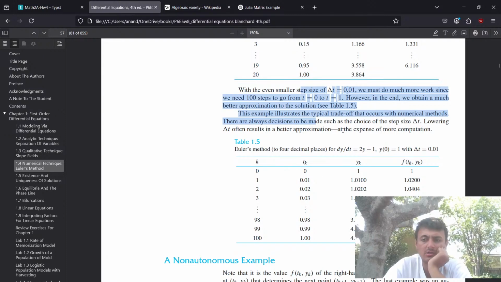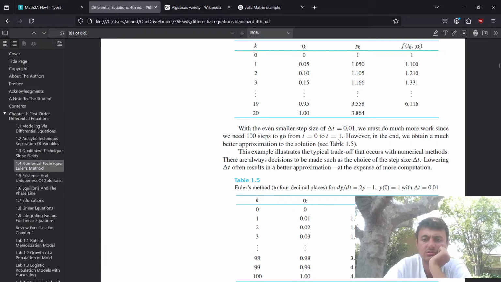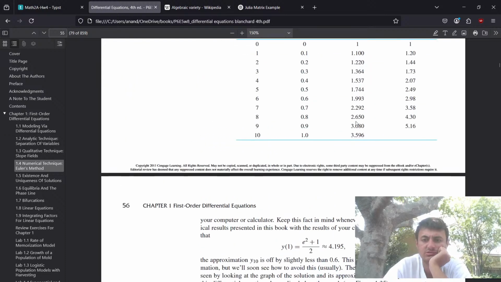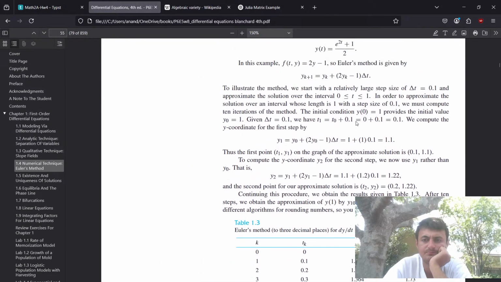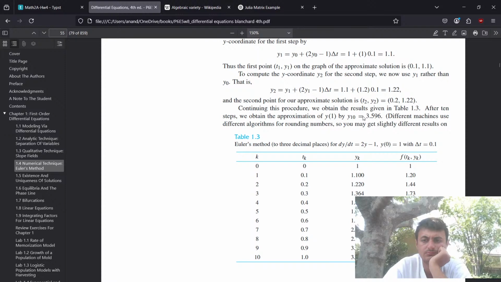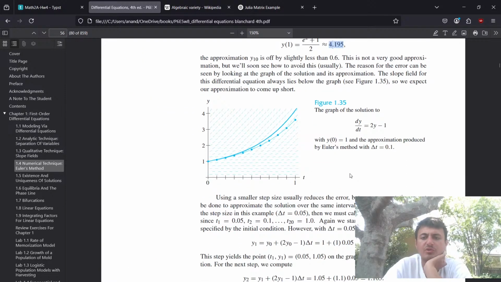Now, what's the error? Do they show the error? 3.8 versus 4.2.